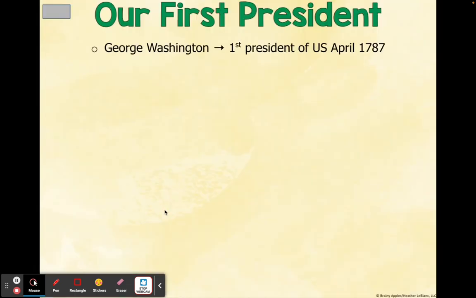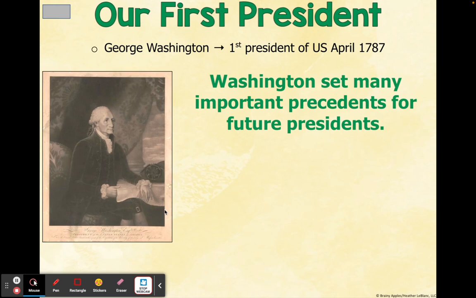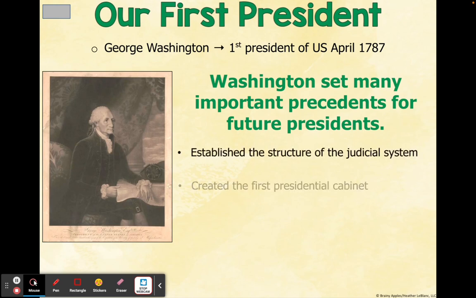So, being our first president, there were lots of things that George Washington would be the first to do. That's what the word precedent that you see here means. He did it first, so then everyone else would follow his lead and do it the way George Washington did it. That's what a precedent was. He establishes the structure of our judicial system.